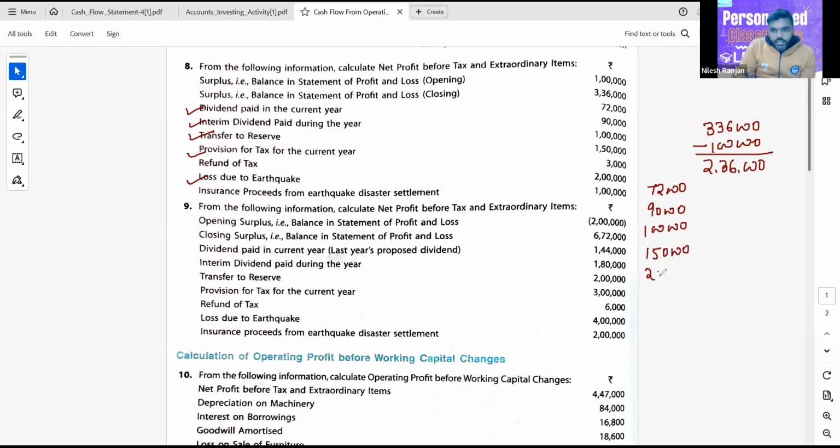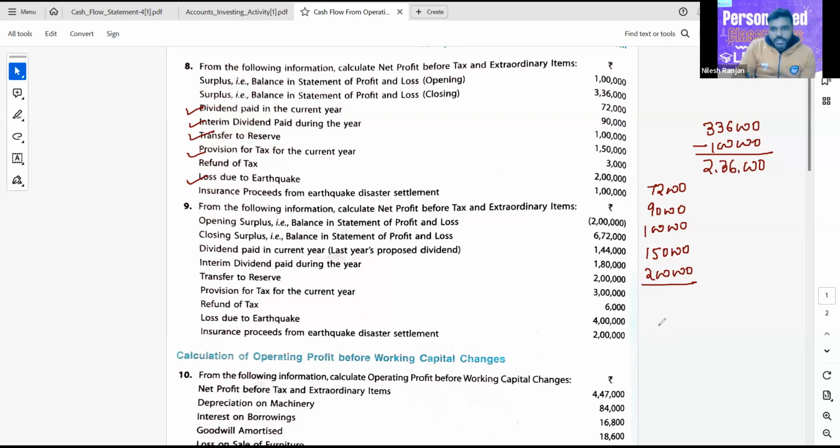After that, 2 lakh. So these items will be added here because these are the proposed dividend of previous year, interim dividend paid, transfer to reserve, provision for tax, and loss due to earthquake.